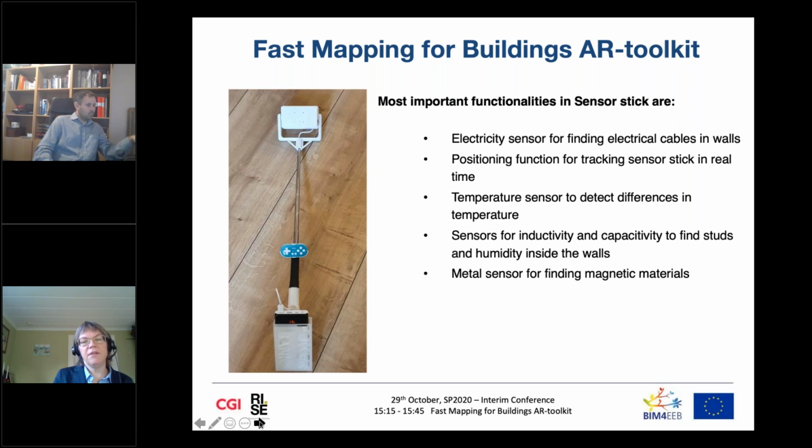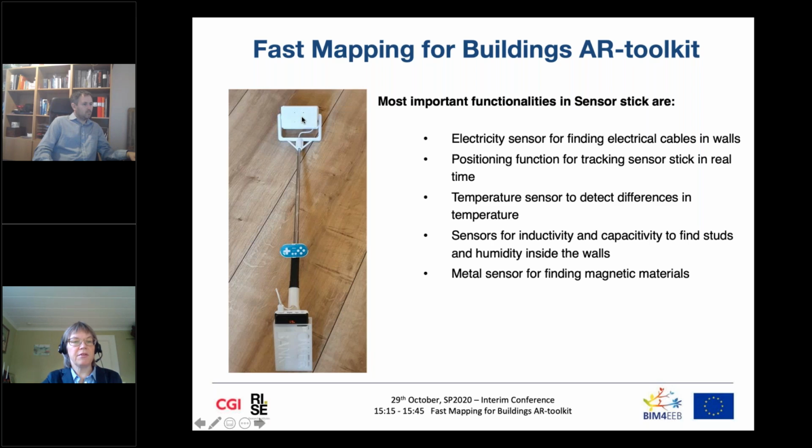Sensors of inductivity and capacitivity find the studs and humidity inside the walls also. The metal sensor will be used to find magnetic materials. And this is all included in this picture here.